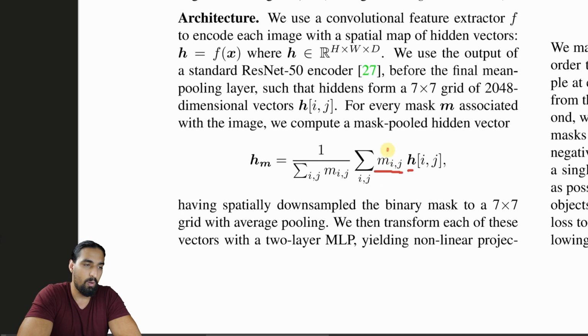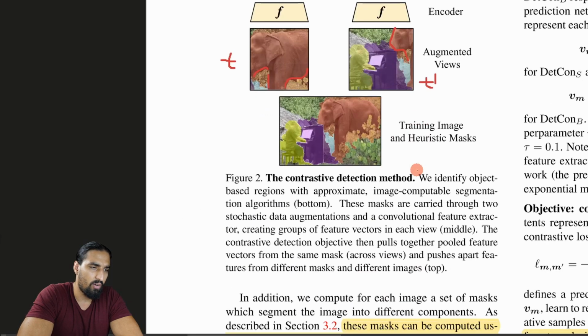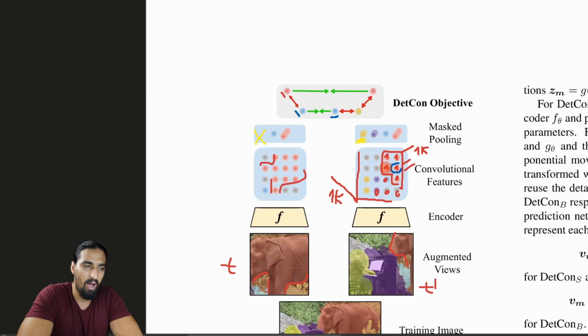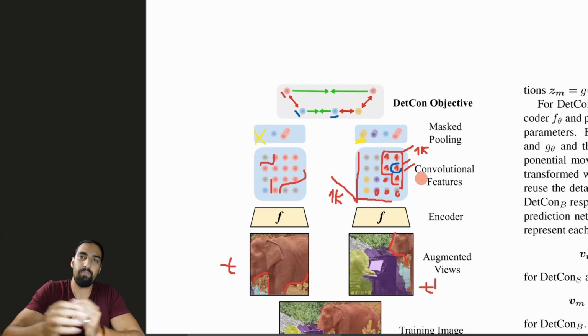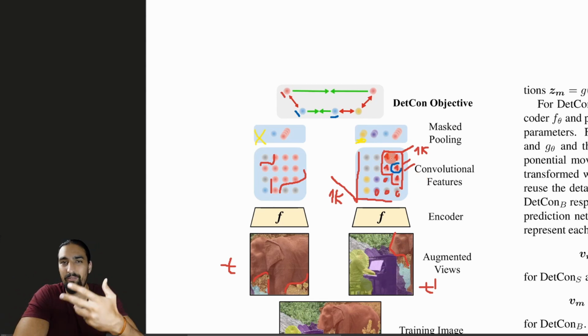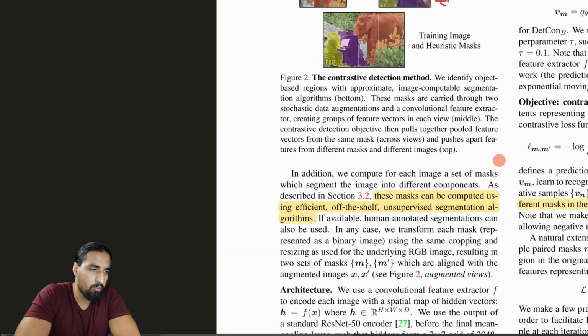When M equals 1, that means the mask is active, so we're going to use that feature vector, sum them up, and divide by the number of active units. Let me clarify that. Here we have 5 times 1, so that's going to be 5. We take these 5 vectors, add them together and divide by 5, which is basically what I already explained, and that's average pooling across those vectors. So that's how we form the representations.